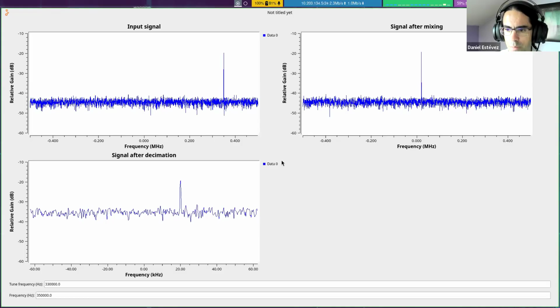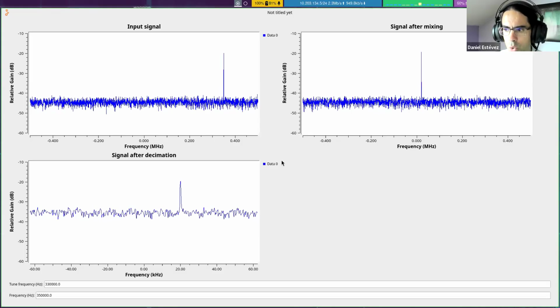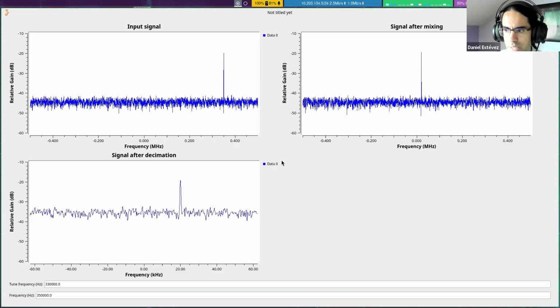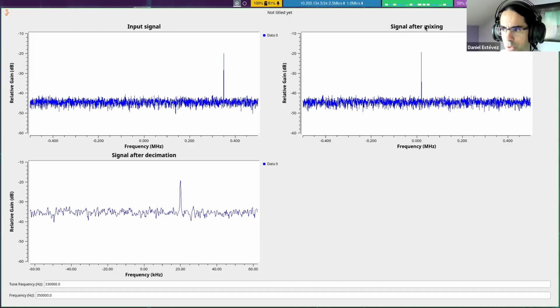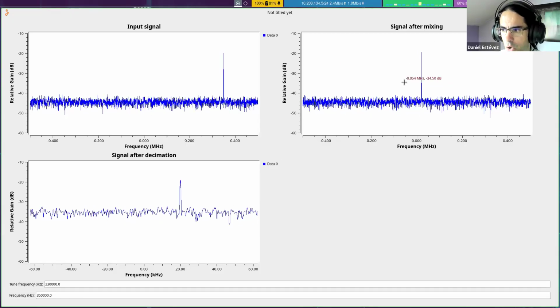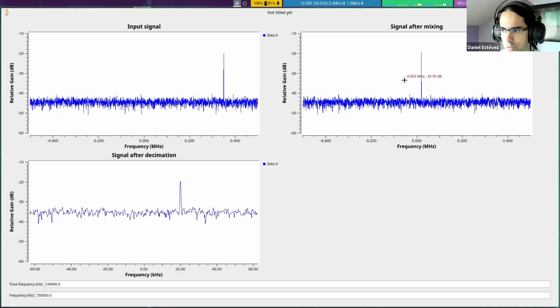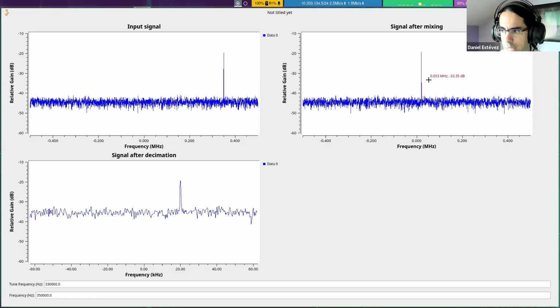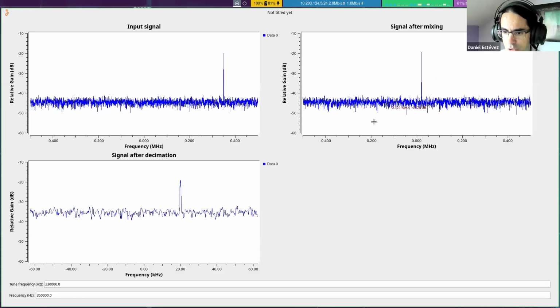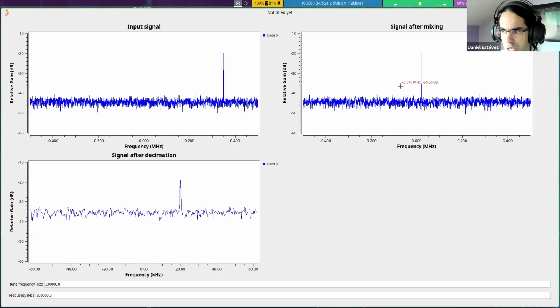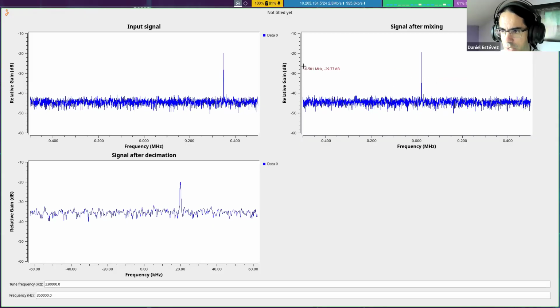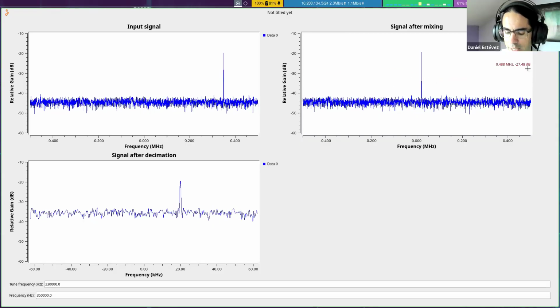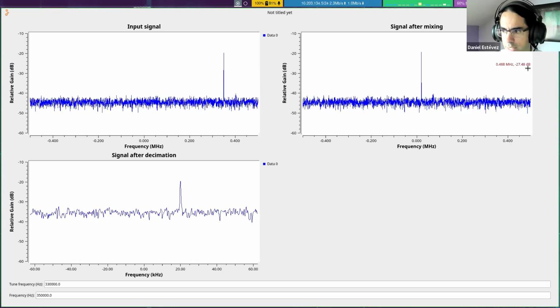So now that we understand the problem, we can also begin to guess what the solution might be, because the problem, if we look at the signal after mixing, is that only the central portion, from minus 50 kilohertz to plus 50 kilohertz, will be directly transferred to the output. And the rest, you can think of this as a paper piece that I wrap around the tube 10 times.